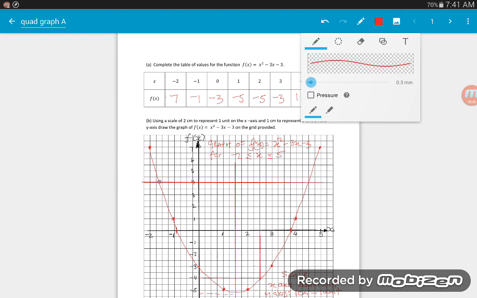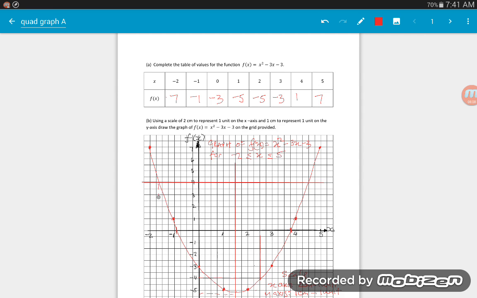So we see it intersects here and here. And we read off our values.